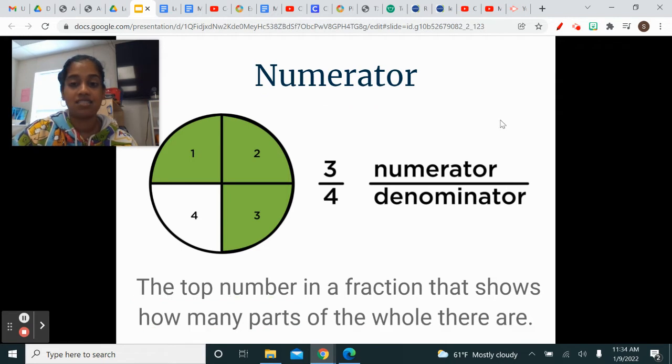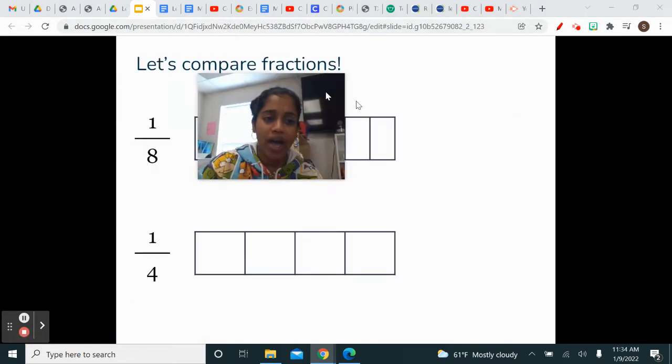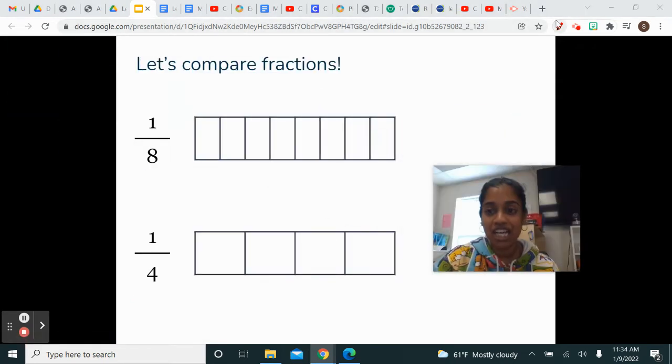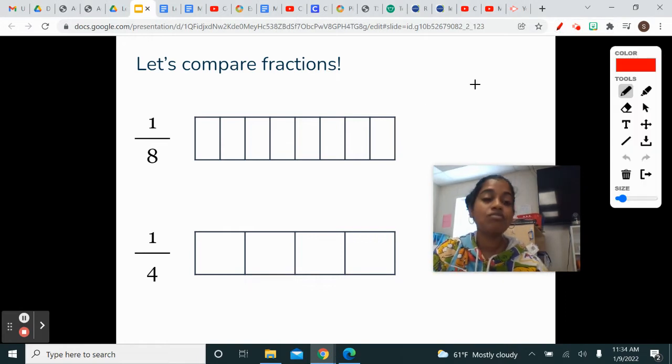All right, fantastic. Okay, so now let's go ahead and compare some fractions. Over here we have 1/8. Remember, our denominator is 8, so that's telling us how many pieces our whole is being cut into. So our whole is being cut into 1, 2, 3, 4, 5, 6, 7, 8 pieces, right?